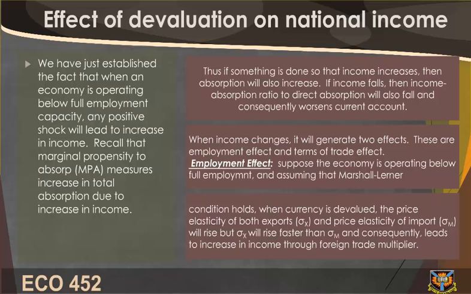When income changes, it will generate two effects. These are the employment effect and the terms of trade effect. Employment effect. Suppose the economy is operating below full employment, and assuming that the Marshall-Lerner condition holds, when the currency is devalued, the price elasticity of both exports, GX, and the price elasticity of imports, GM, will rise, but GX will rise faster than GM, and consequently leads to an increase in income through the foreign trade multiplier.